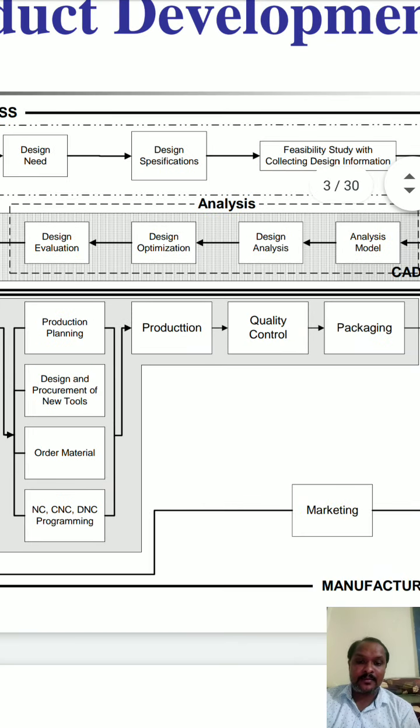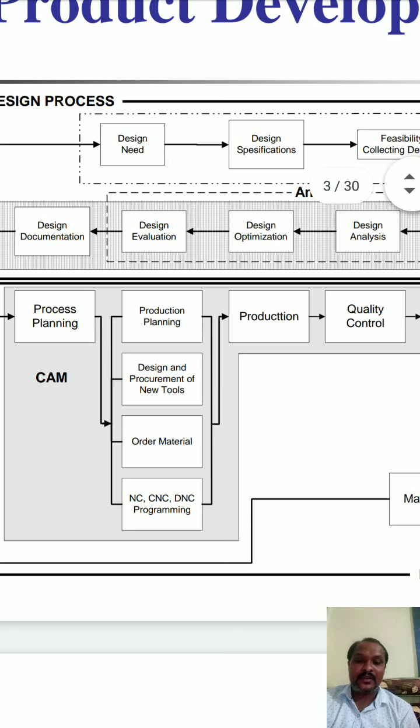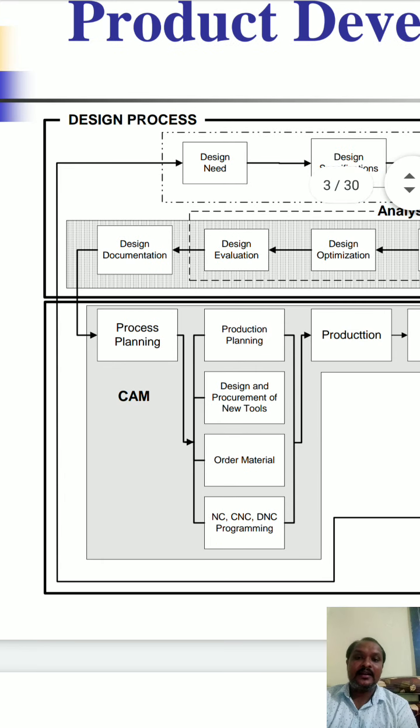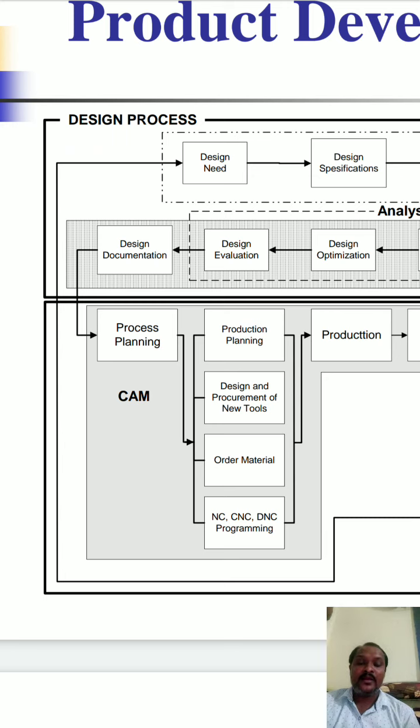Your marketing line will directly go to the design need. That design need will show you whether your product, which you have already sent to the market, is being taken by customers, and they are giving you reviews of that product. Reviews are nothing but how good it is for them for daily use.